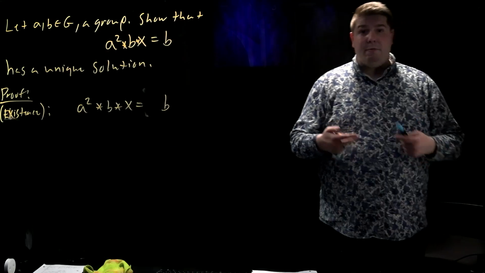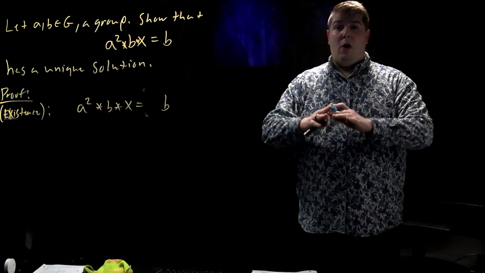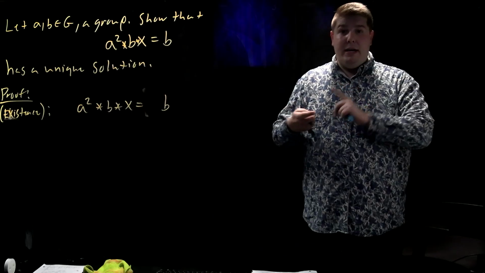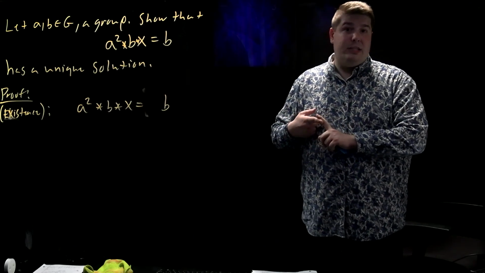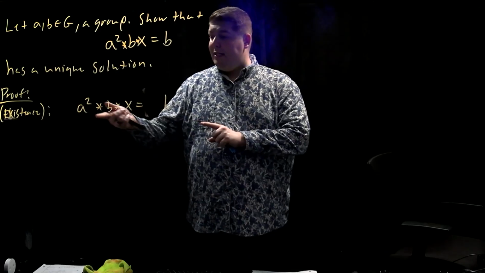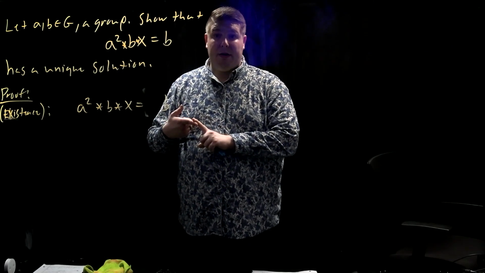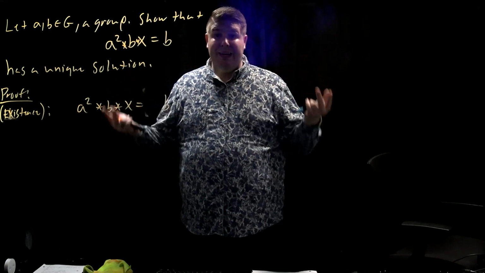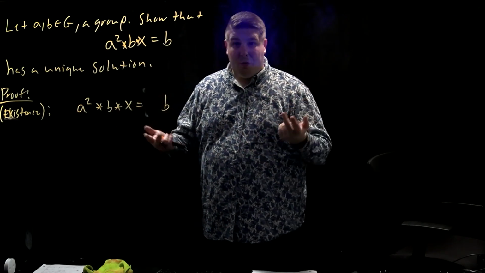Well, lucky for us, we know that we are in a group, okay? So what does that mean? In being in a group, every element has a unique inverse. So with A squared, what is the inverse of A squared? Well, powers still work the same.